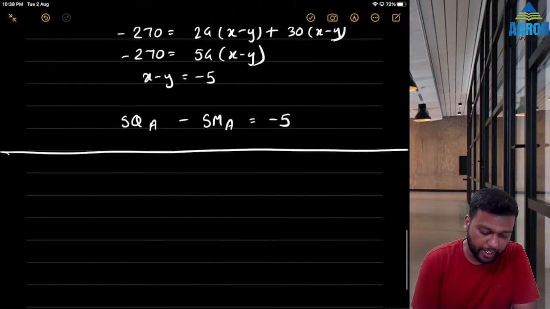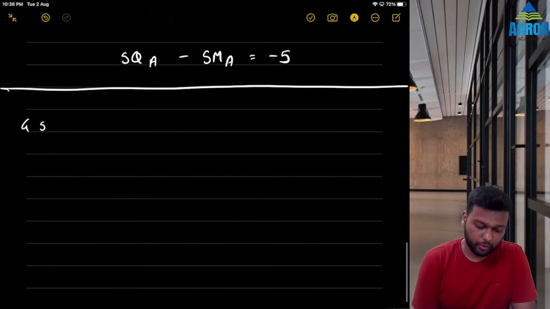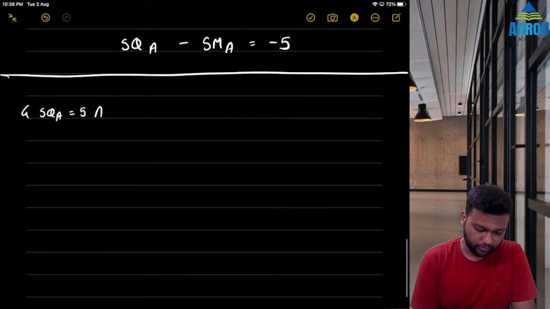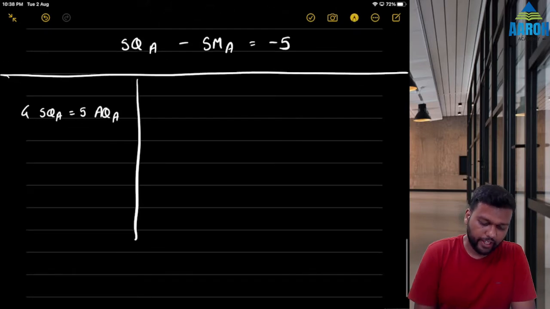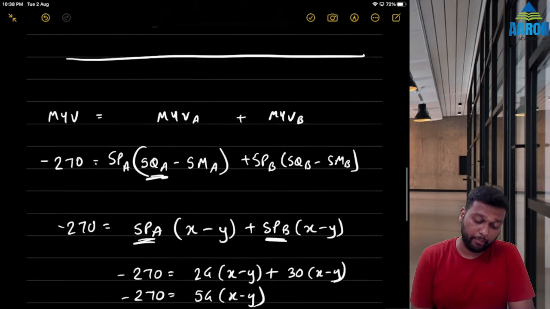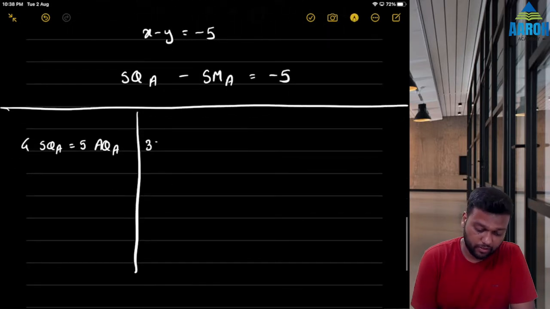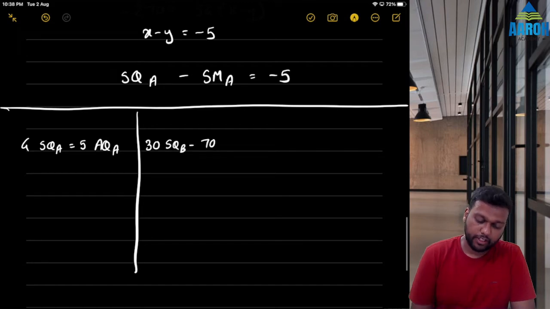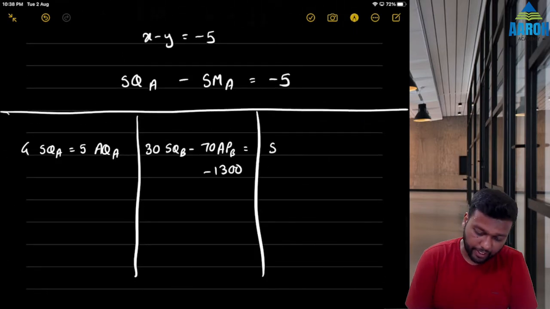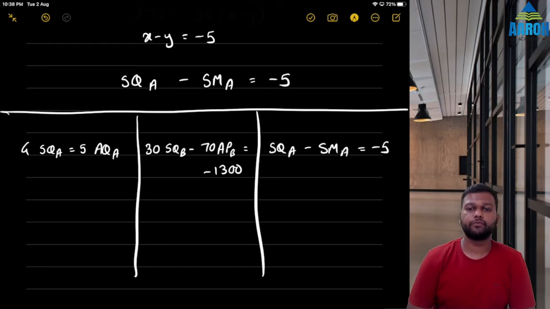We have got 4 into SQ of A is equal to 5 into AQ of A. Then we have got the second equation as 30 into SQ of B minus 70 into AP of B is equal to minus 1300. And then the third equation, SQ of A minus SM of A is equal to minus 5.